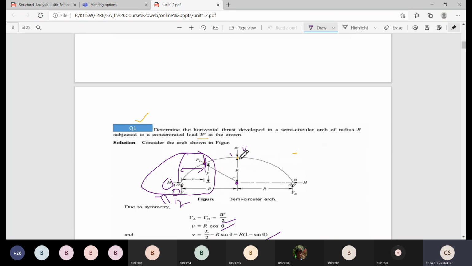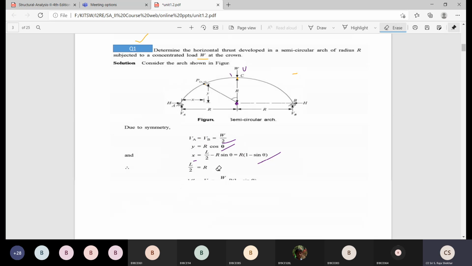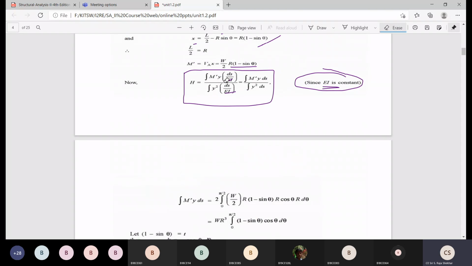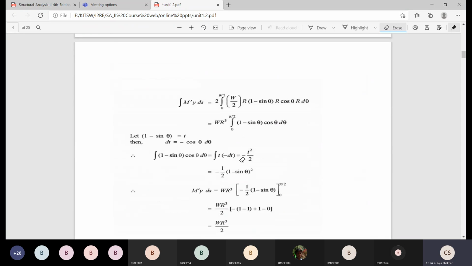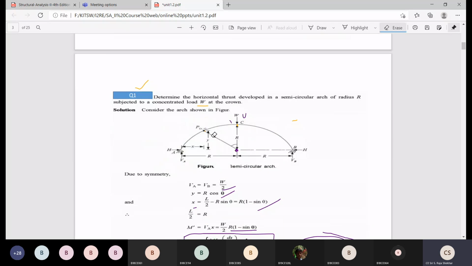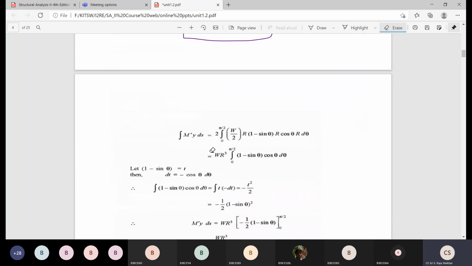Here the angle is 0, and here it is pi by 2. Integrate in the range of 0 to pi by 2 and you will get the numerator value, integration of M dash y ds. Here we have two portions.